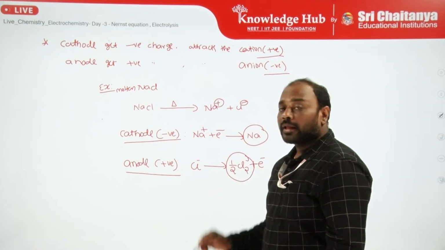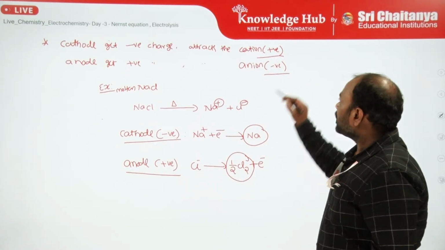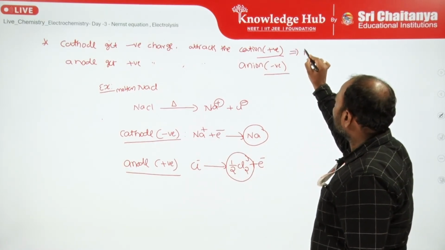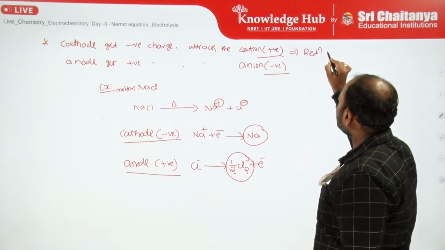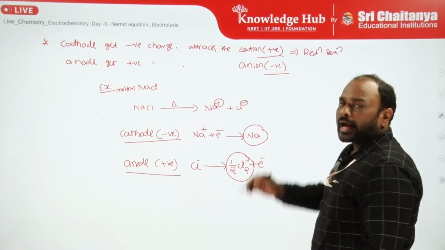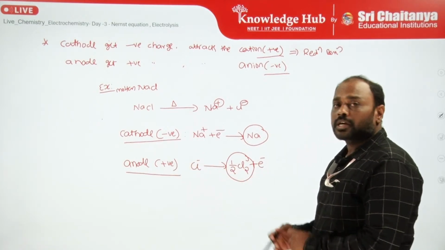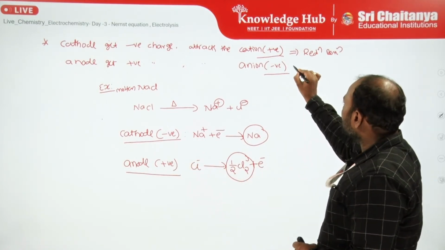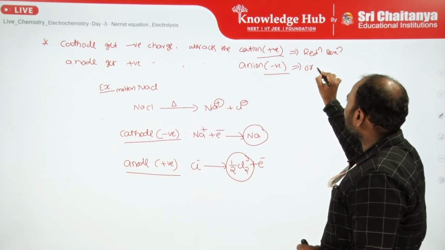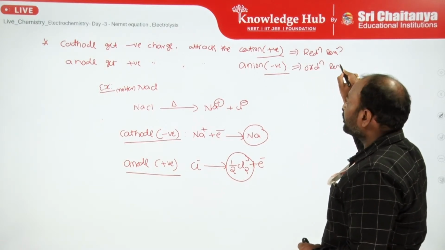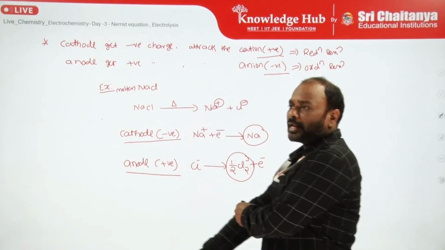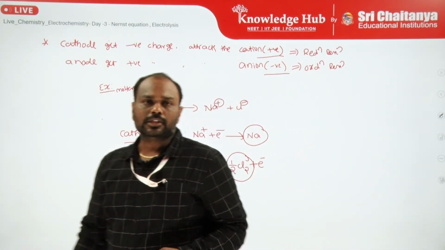At the cathode, what happened? Electrons are gained. Electrons are gained means a reduction reaction. So at the cathode, a reduction reaction takes place. At the anode, what happened? Electrons are lost. Losing of electrons is known as oxidation. So at the cathode, reduction takes place, and at the anode, oxidation takes place.